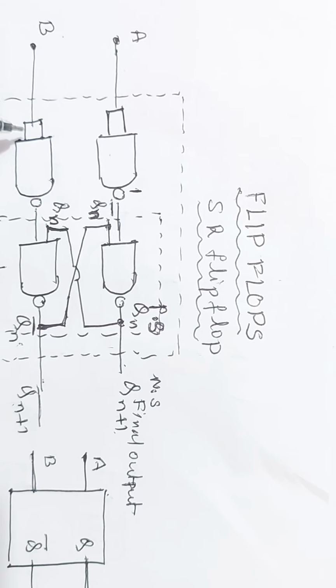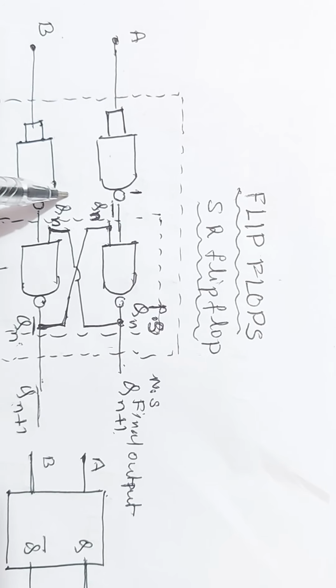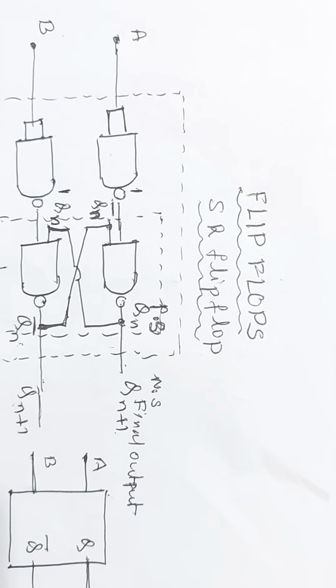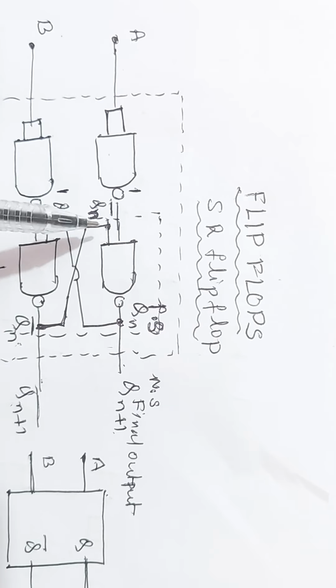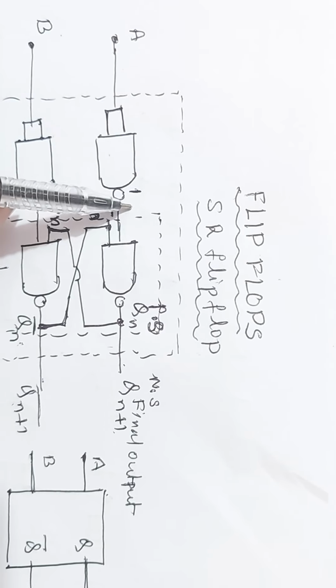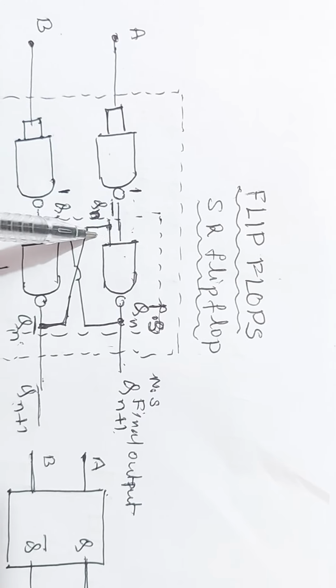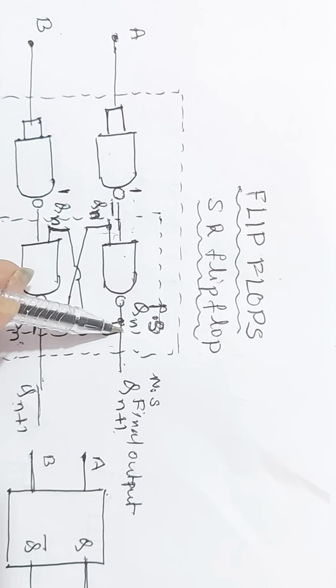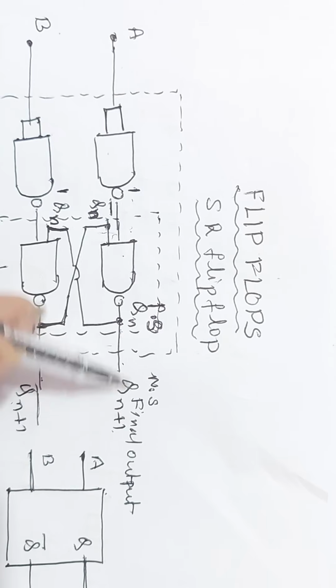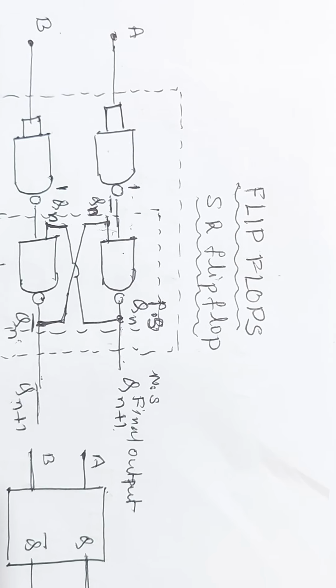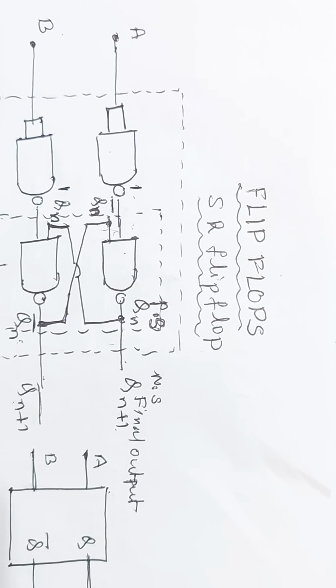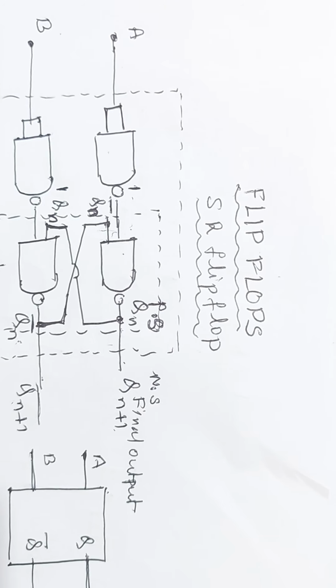One input B is also 0, so the output is 1. Now, Qn is the input, and 1 is the input for this gate. 1 into Qn is Qn. Therefore, the output Qn+1 is Qn itself. Qn+1 is equal to 1 into Qn.